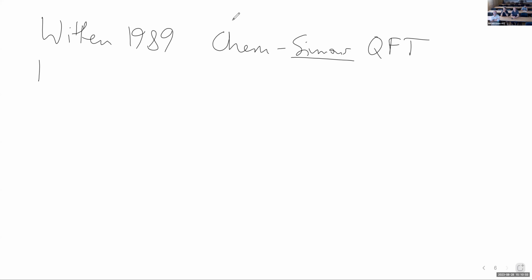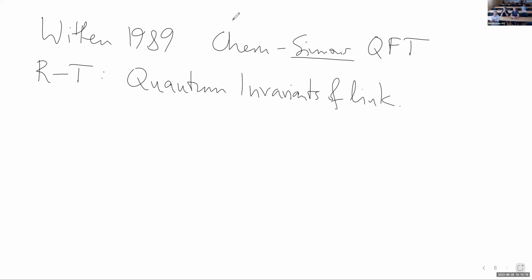But then Reshetikhin and Turaev, I'm just going to write RT, defined quantum invariants of links, which include the Jones polynomial but are more general, and which are based on the representation theory of quantum groups.